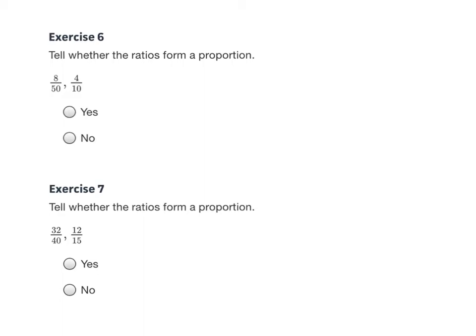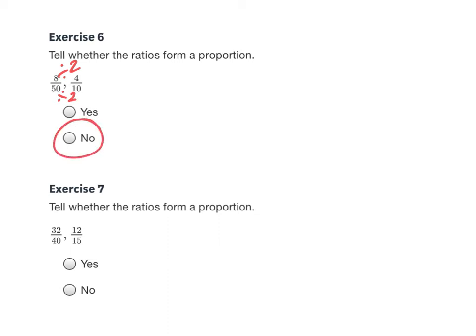All right, another problem. 8/50 and 4/10. You might be able to just take a glance at this and see if these form a proportion, but we can use cross products, or maybe you could use mental math to see 8 divided by 2 equals 4. 50 divided by 2 does not equal 10.